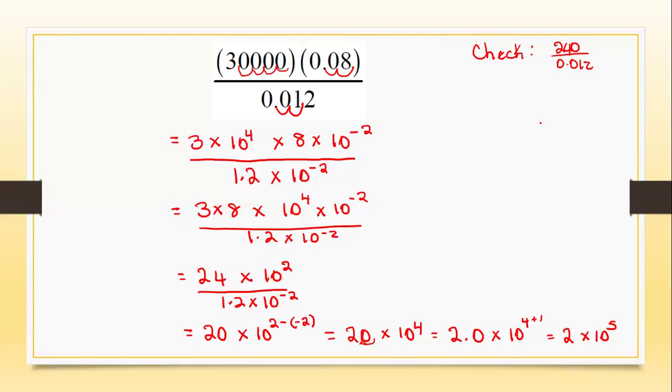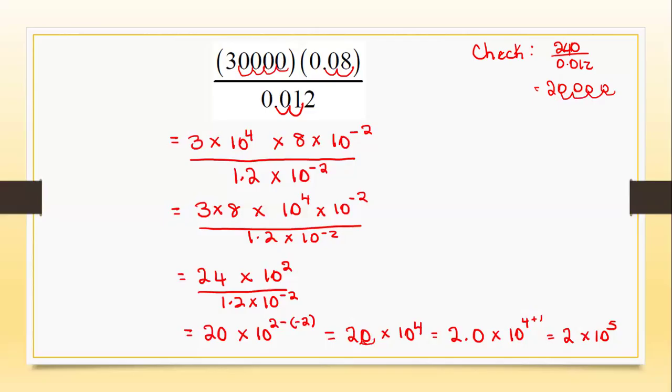And that is equal to 20,000. And we need to move the decimal point 4 times. So there is a mistake in my problem.